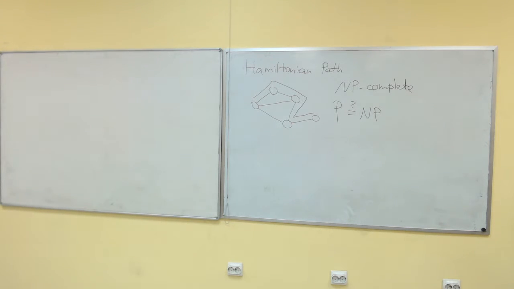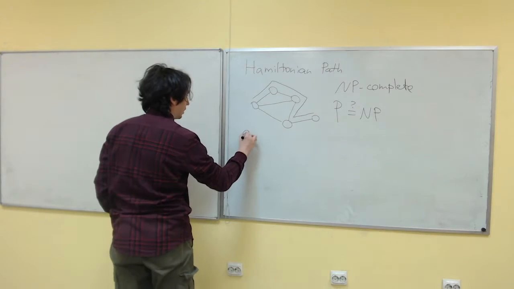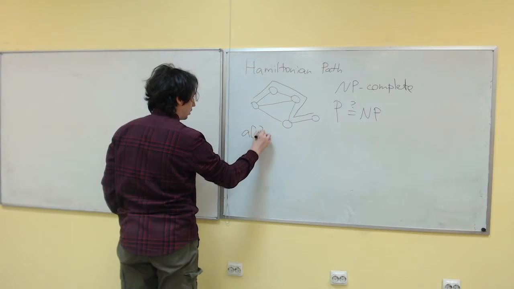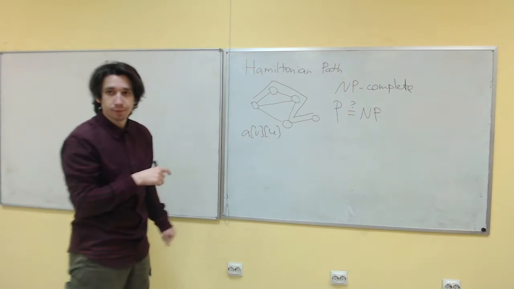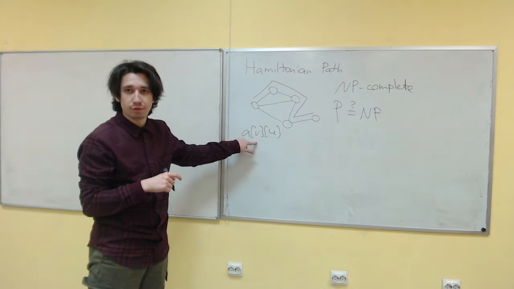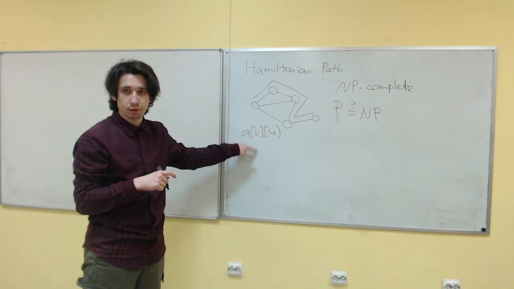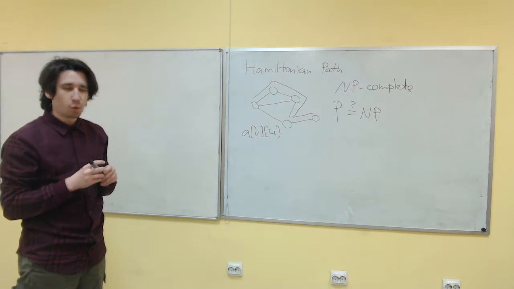Yeah, we have to, but not all the edges. Yes. Suppose also we have an oracle, a special matrix that tells whether V and U are connected. A[V][U] is true if V is connected to U, and false otherwise.